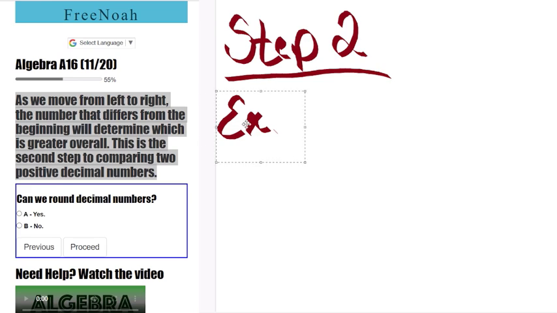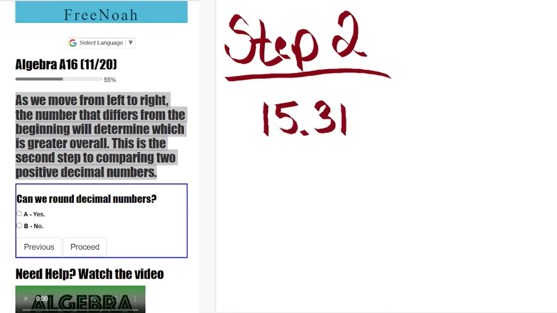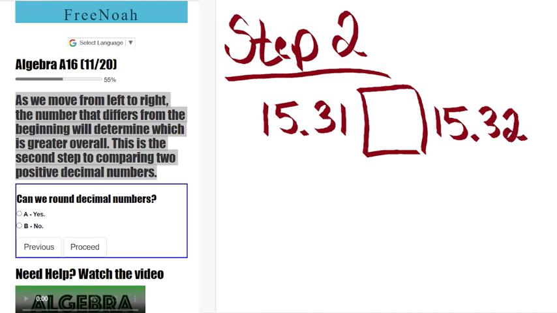Let's move on to another value here where we have the same whole value, but what's different is the right side of the decimal. So here we have 15 and 31 hundredths, and we're going to compare it to 15 and 32 hundredths.